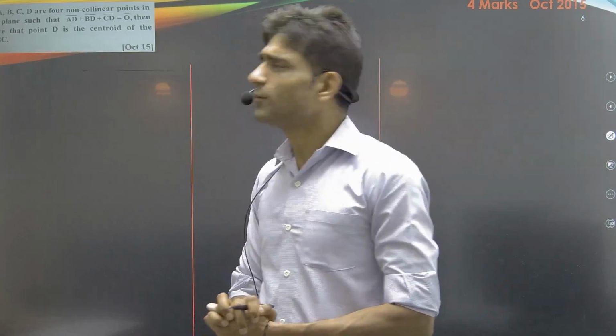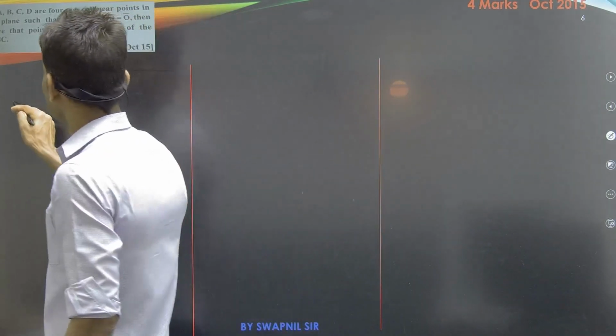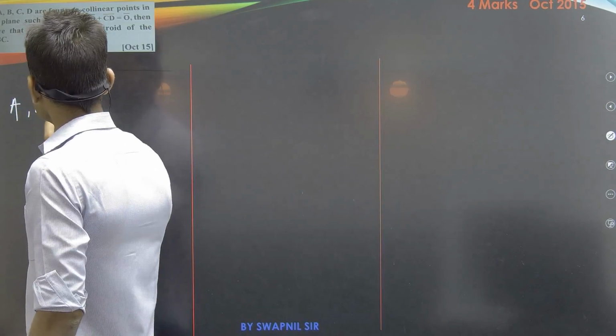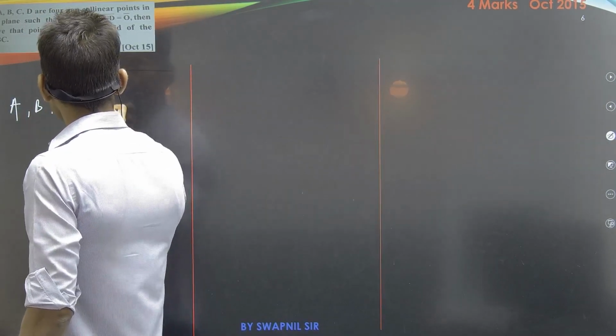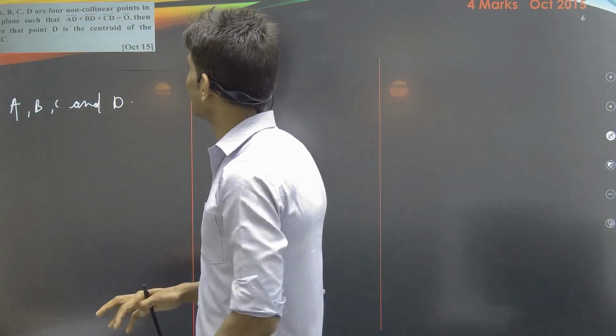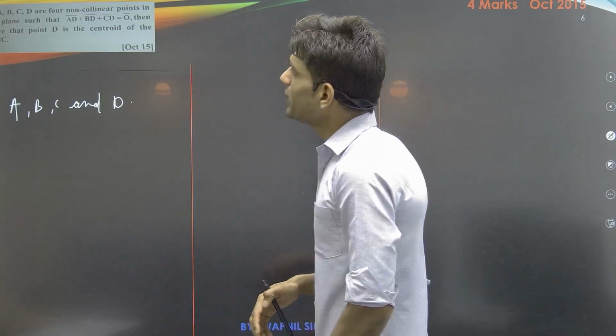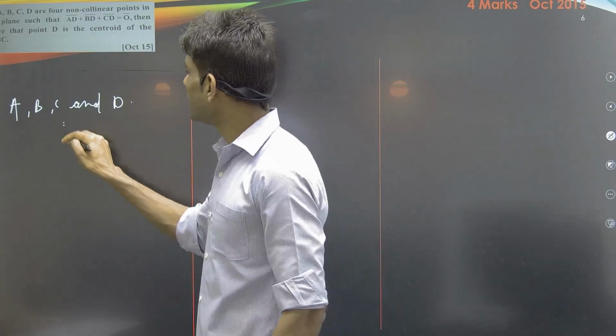We are given 4 vertices, capital A, capital B, capital C, capital D. A, B, C and D are the 4 vertices given, and all these vertices are non-collinear points.